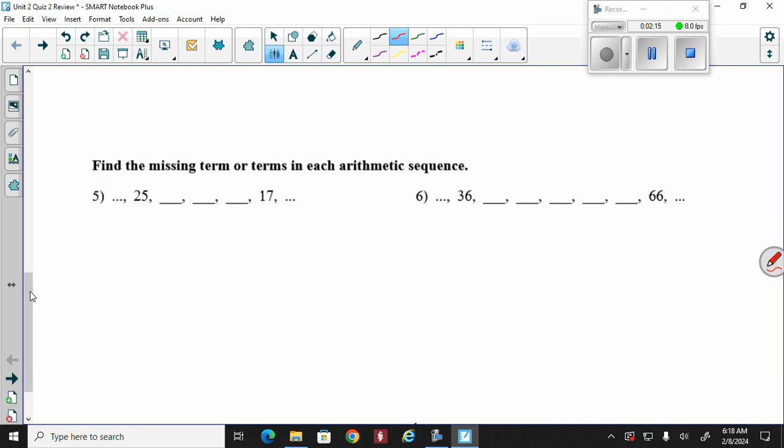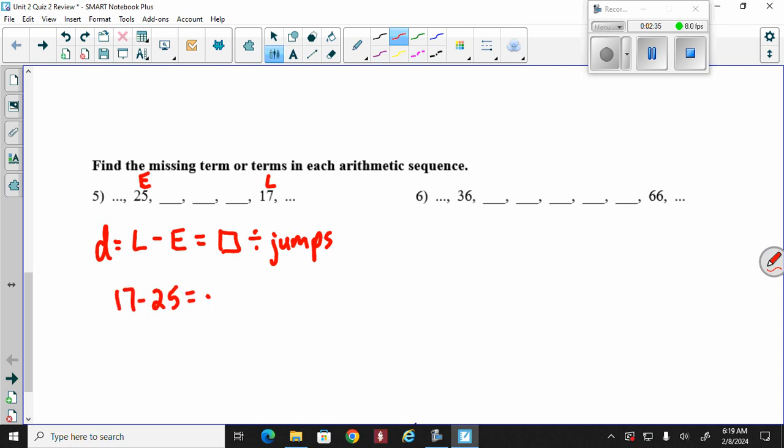Find the missing term in the arithmetic sequence. Remember, in order to find the missing term, you find your common difference. The first rule is take the later term and subtract the earlier term. Then we divide that number by the number of jumps. This is the later term, this is the earlier term, so that's 17 minus 25, which gives me negative 8.